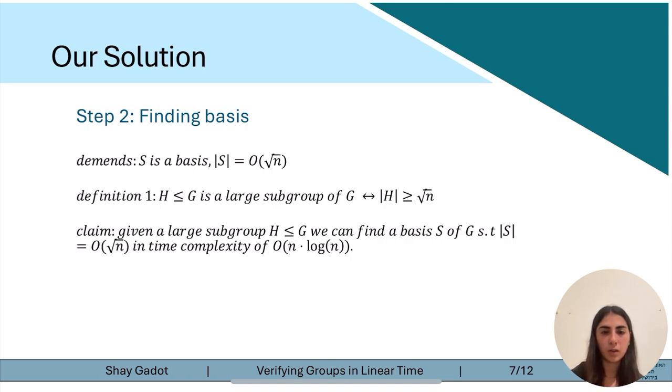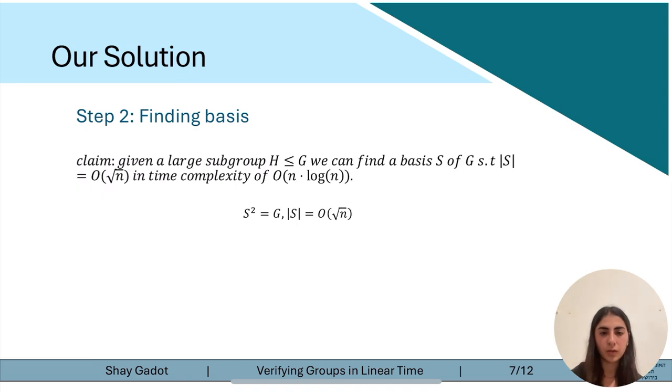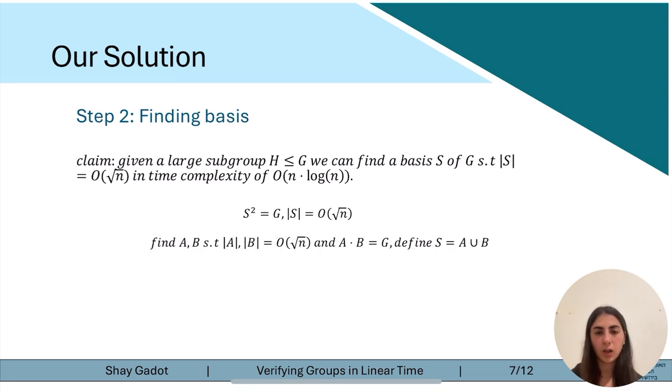Okay, so the problem is to find S such that S squared equals G, where the size of S is O of square root of n. We find it easier to find A and B such that the size of both A and B is O of square root of n, and A multiplied by B gives us G, and we define S to be the union of A and B.